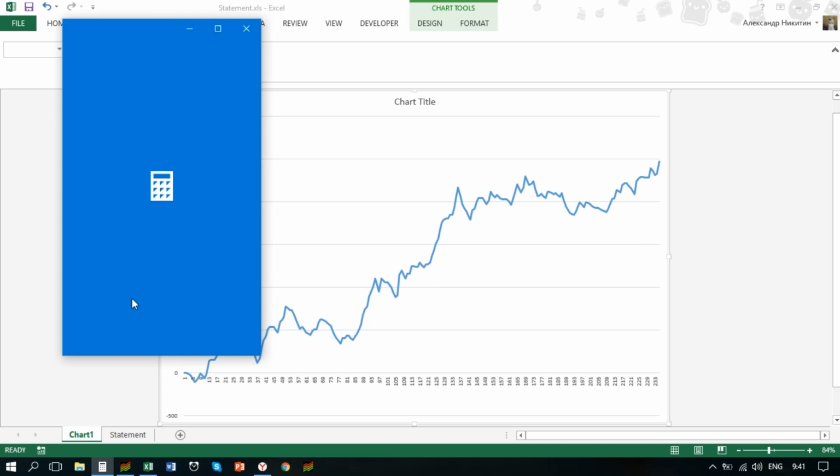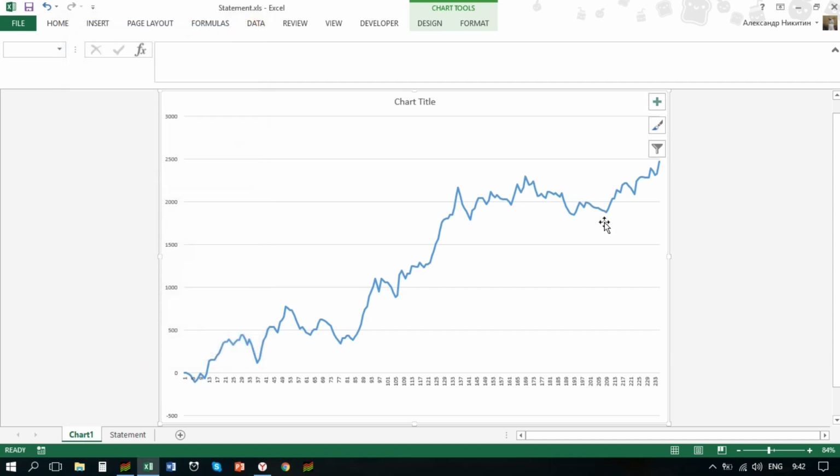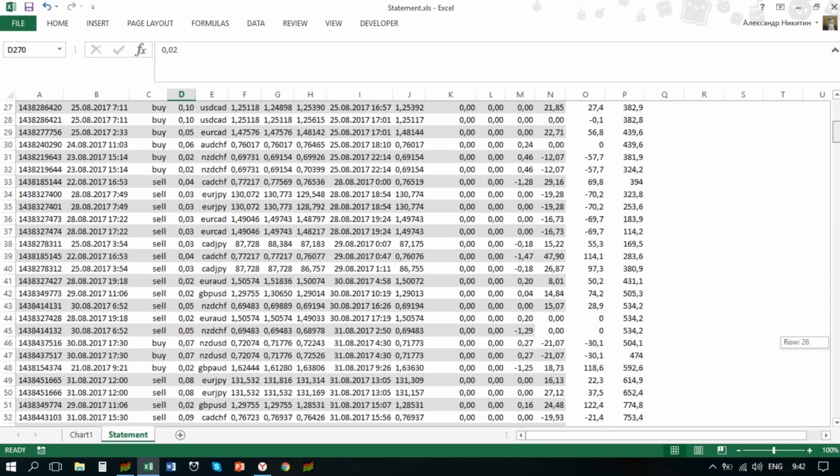So just calculate this. 2300 minus 1850. It was 450. You see, I know my largest drawdown within this strategy. So make sure that you don't lose that much. Use wise money management. Trade as small as possible.